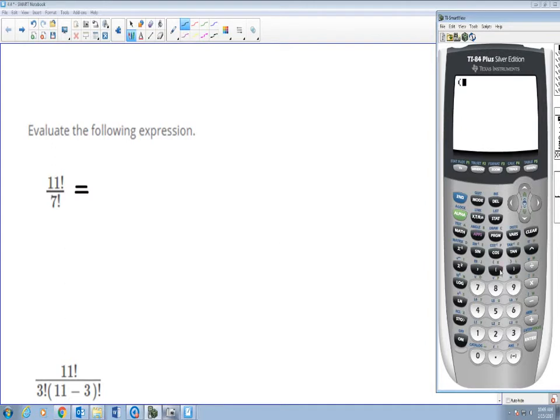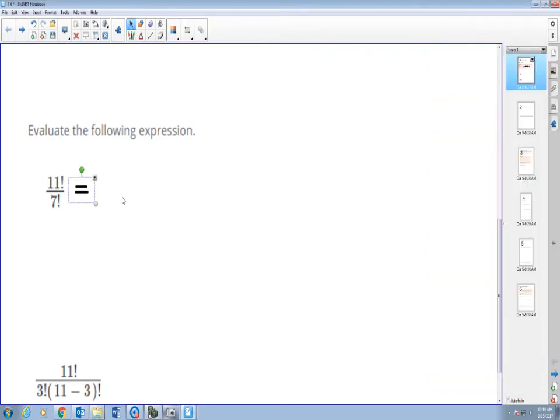So I'm going to put my 11 factorial on top in parentheses, close it, then divide it by 7 factorial, in a separate parenthesis. Now the calculator will do the factorial first before we divide. The answer is 7,920.